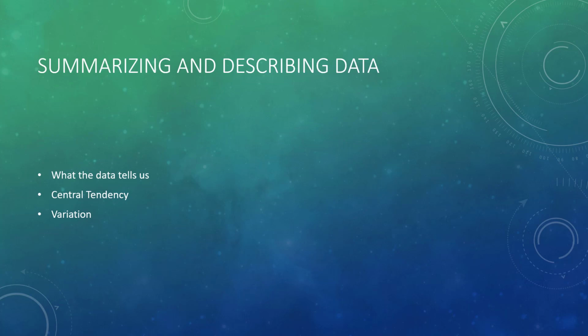The difference between descriptive and inferential is that descriptive talks about the data, while inferential talks about what that data means onto something else, such as employee behavior. We'll talk about the central tendency concept and a little bit about variation and standard deviation.